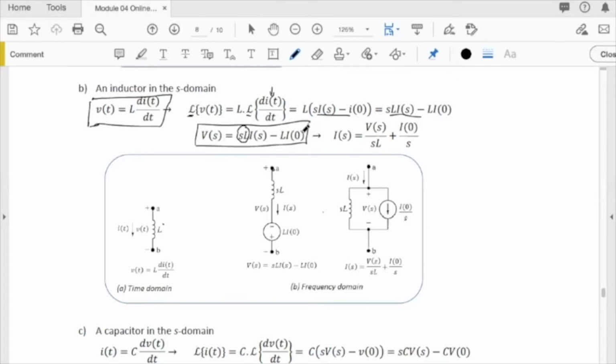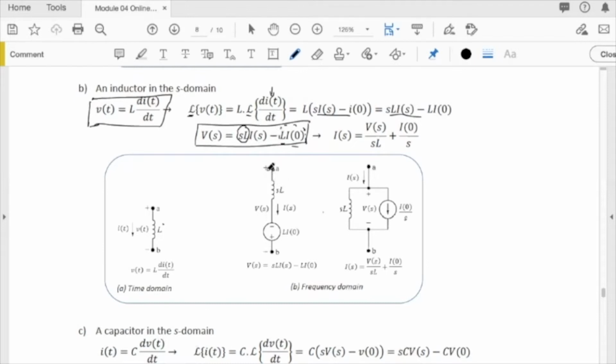And then the second term is usually associated with the initial conditions of our developed voltage. The initial condition will be in terms of negative.